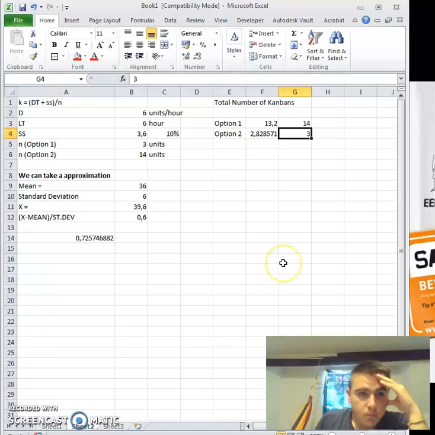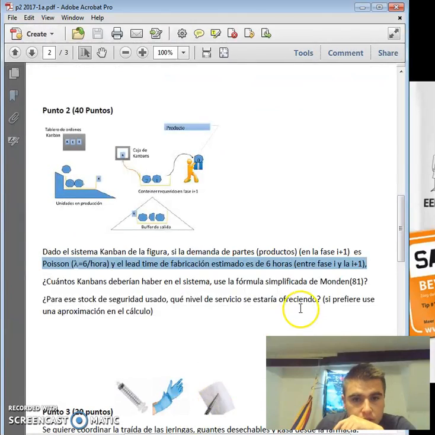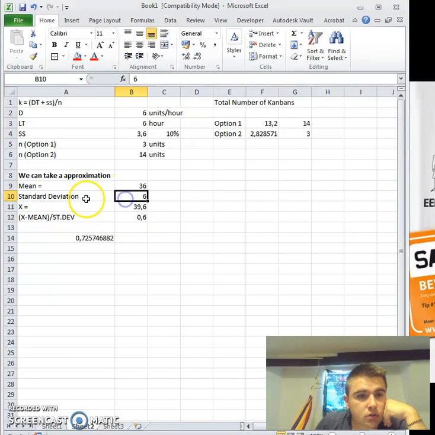And then in question B, the question is, with the safety stock used, what is the service level? So we have used the safety stock of 3.6, and we can take a normal approximation, as we are allowed according to the question to use an approximation of the calculation. So we know the mean is 36, we know the standard deviation is 6, because the variance will be 36 and the square root of the variance is 6.